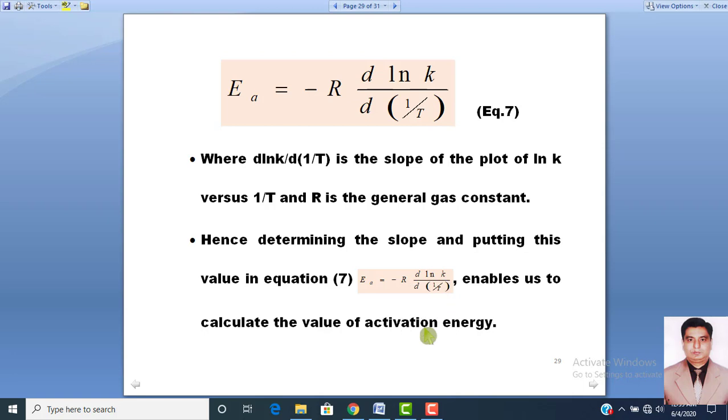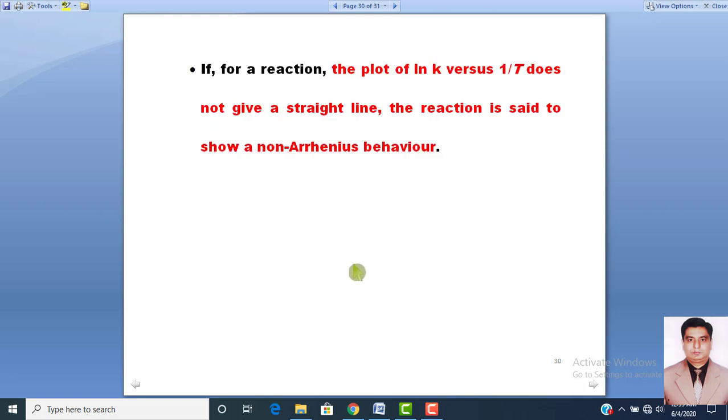Dear students, if for a reaction the plot of log natural k versus 1 over T does not give a straight line, then it means the reaction is showing non-Arrhenius behavior.